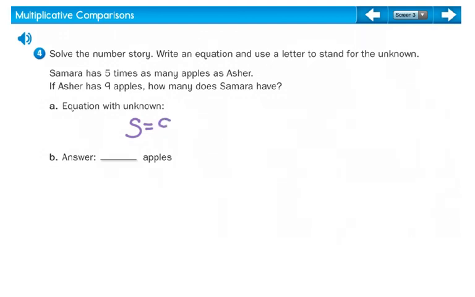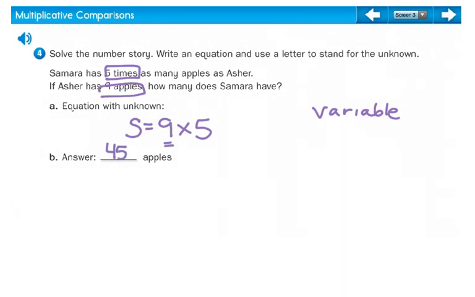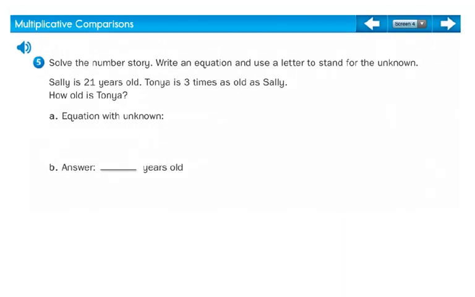We know Asher has 9 apples, and Samara has 5 times. So here's Asher. Here's Samara's 5 times. Now we solve for S, which is the variable, the unknown. 9 times 5 is 45 apples.